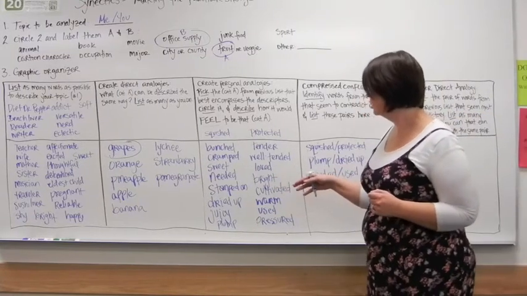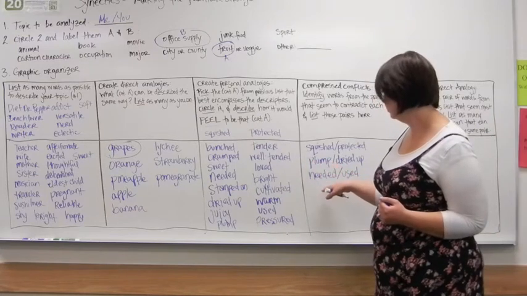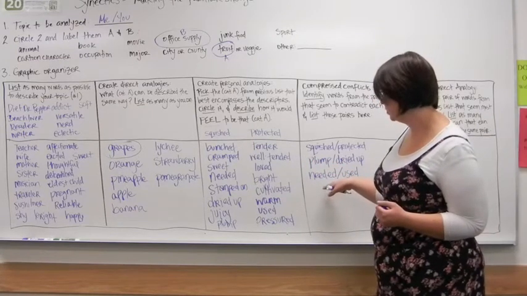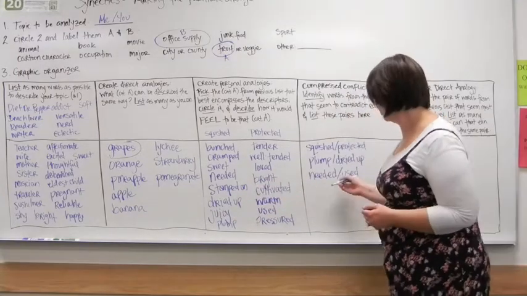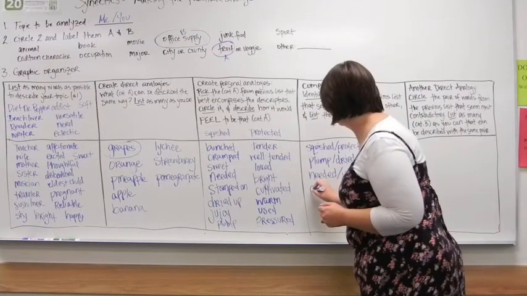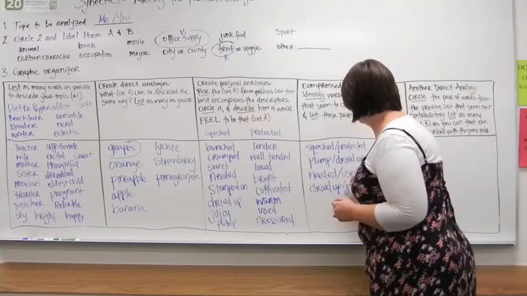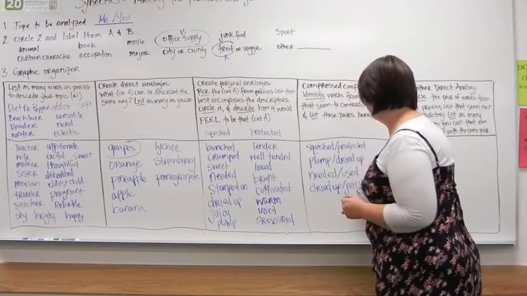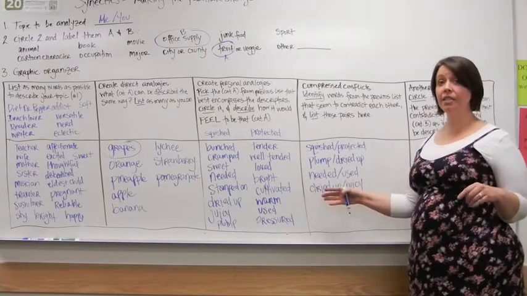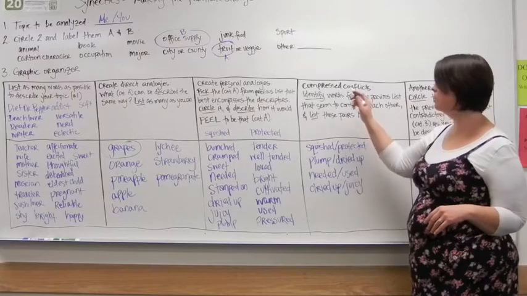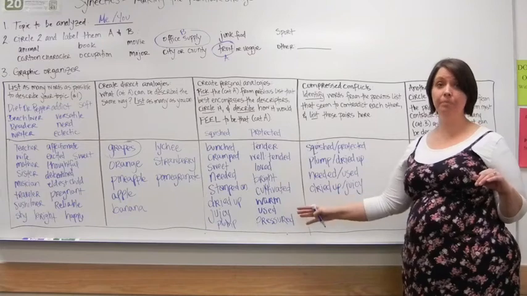So, for example, maybe dried up and juicy would also work as words that are at odds. So dried up and juicy. All right, so you're going to continue making a list of as many of these compressed conflicts as possible from the words that you have here, all right?